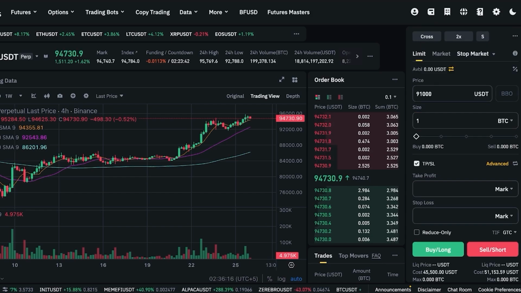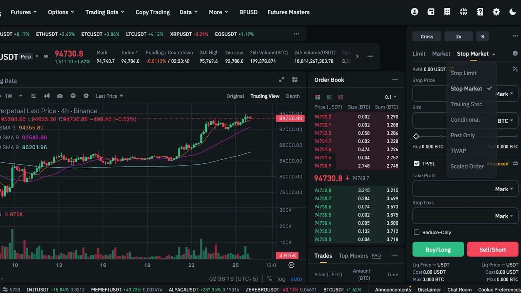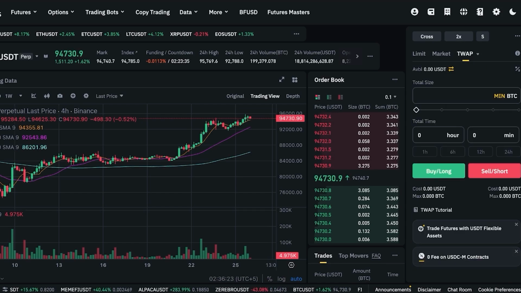So if you are someone that is looking to go for TWAP, TWAP is a direct option. In TWAP, you have time-weighted average price, where it splits large orders into small trades over time to minimize the market impact, and this is useful for high volume traders. Usually that's not going to be your average Joe.